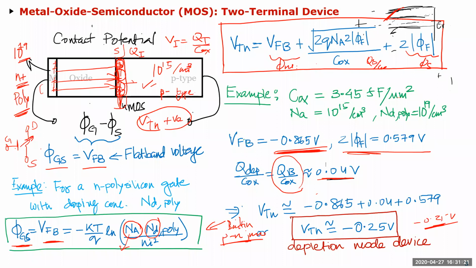Obviously Kang is a professor, right? He doesn't design circuits. So you can increase this to lower this phi GS. If you lower this phi GS, this quantity here will lower, then VTN will become more positive, and that will go in the right direction, right? Sorry, increase this.